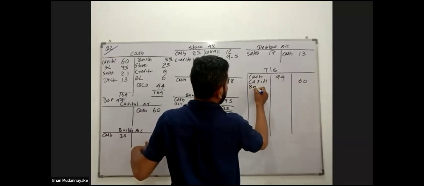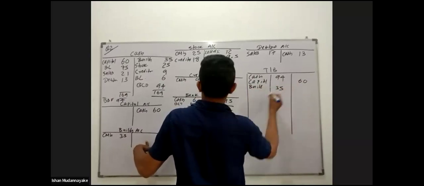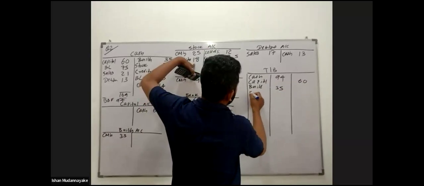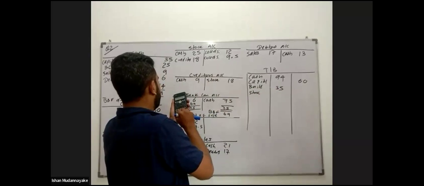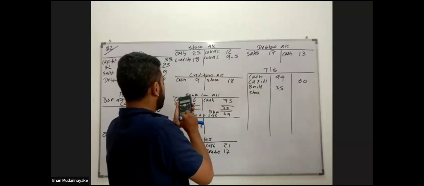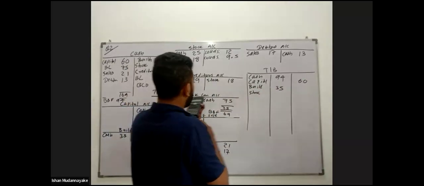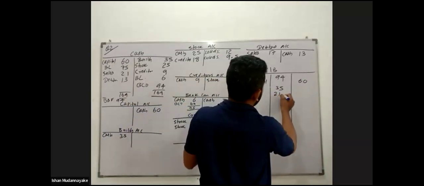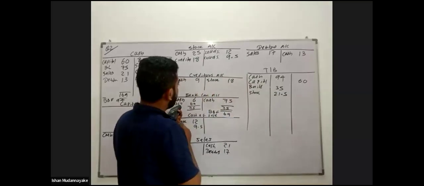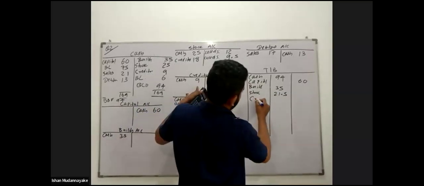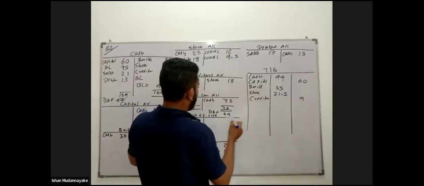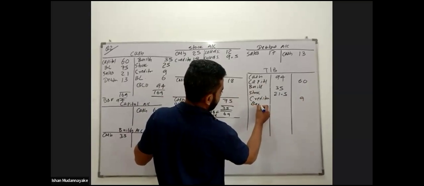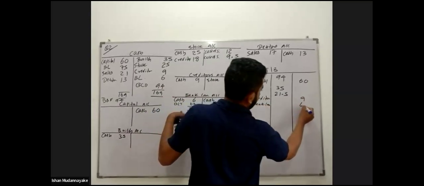Building 35. Stock: 25,000 plus 18,000 minus 12,000 and 9,500, stock 21,500. Creditors 9,000. Bank loan 69.